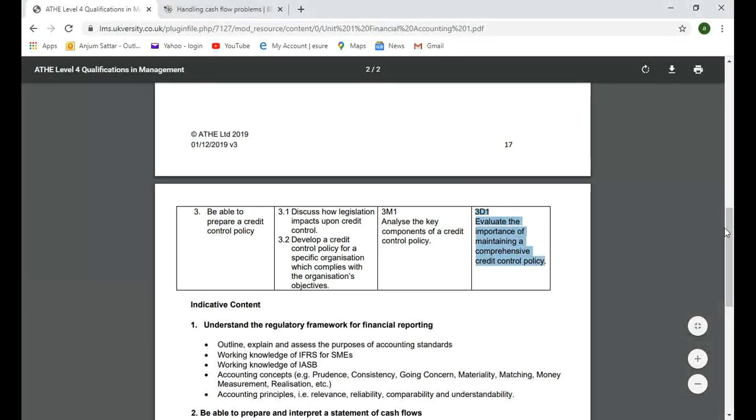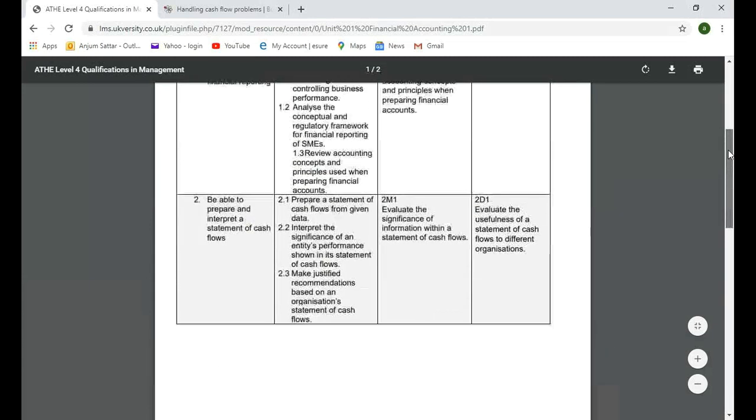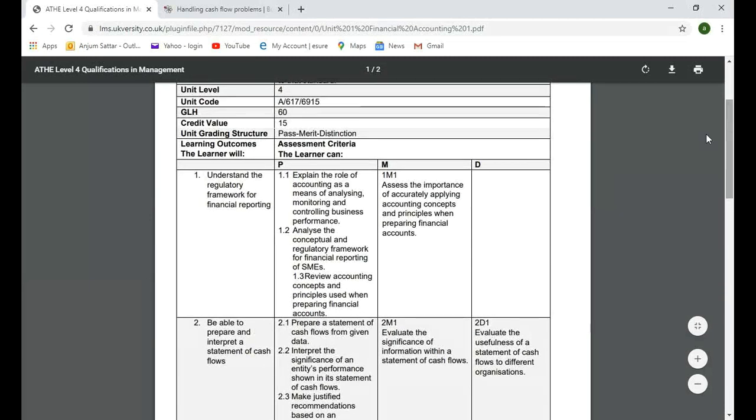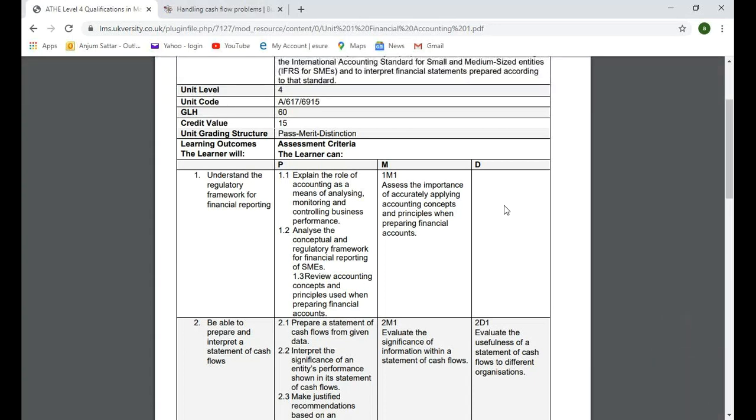Before starting today's lesson, first we'll recap what we learned in the previous two lessons. In lesson 1, we learned to understand the regulatory framework. We discussed the IASB, the International Accounting Standards Board, which sets the standards, and we discussed IAS 1, IAS 2, and IAS 16.